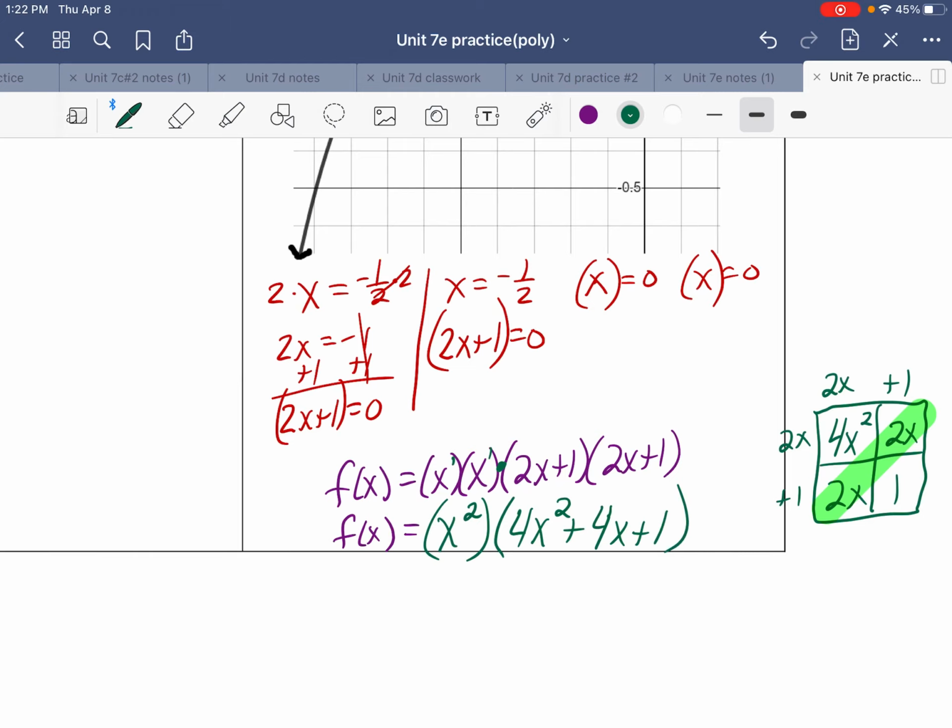Then we need to multiply this monomial times the trinomial. You can do that in Punnett Square, otherwise we should be able to do x squared times 4x squared is 4x to the fourth. X squared times 4x, remember it's like bases, both have x's. You add with multiplication, you add exponents.